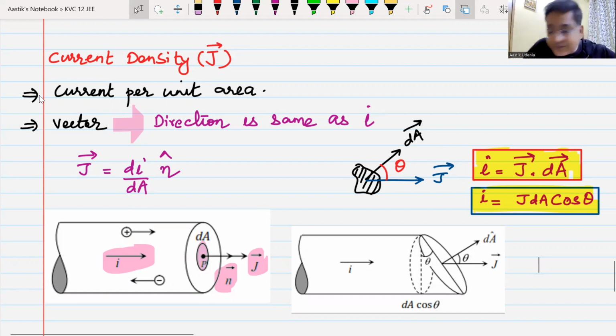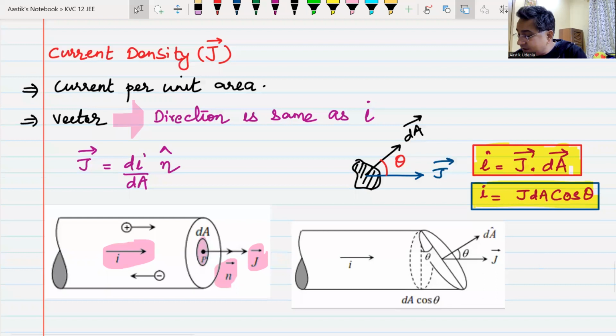Anyways, that was the relation between current and current density. And I have written this slightly wrong. I cannot write it as full current I. I should write it as small current dI.